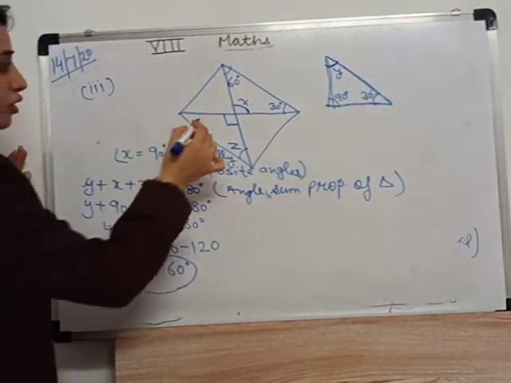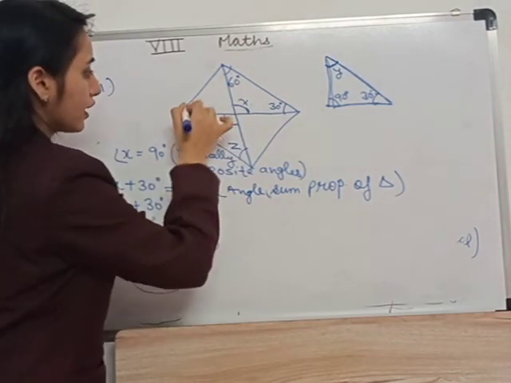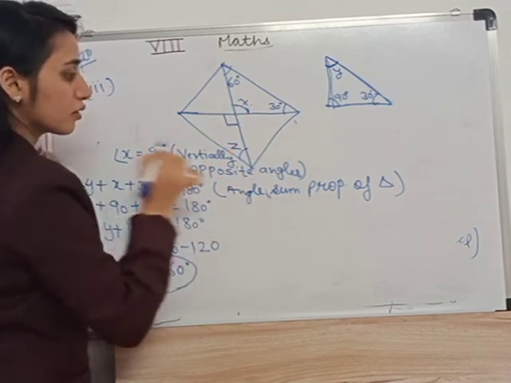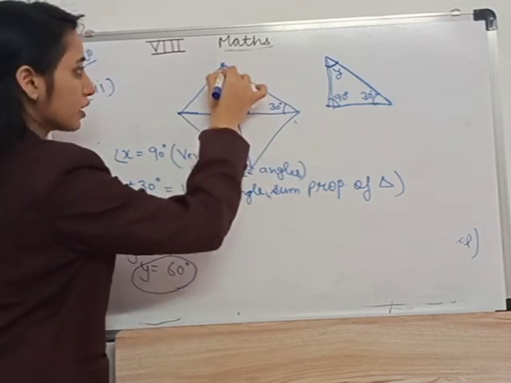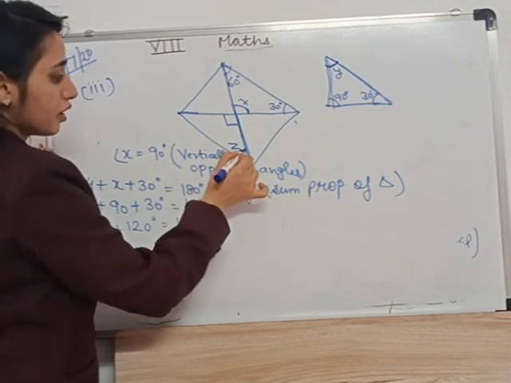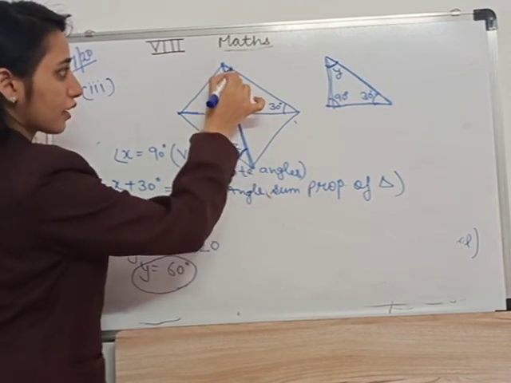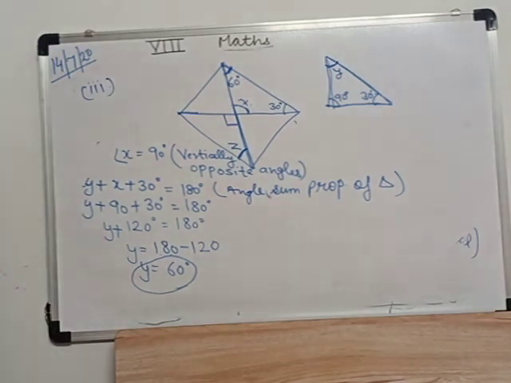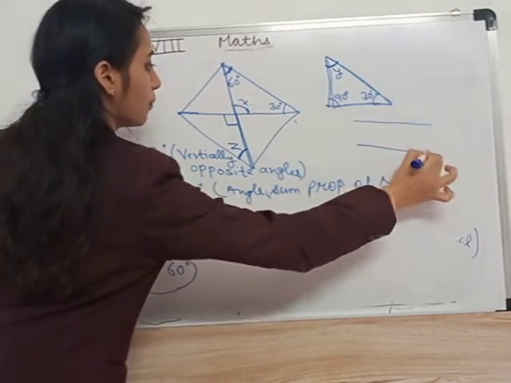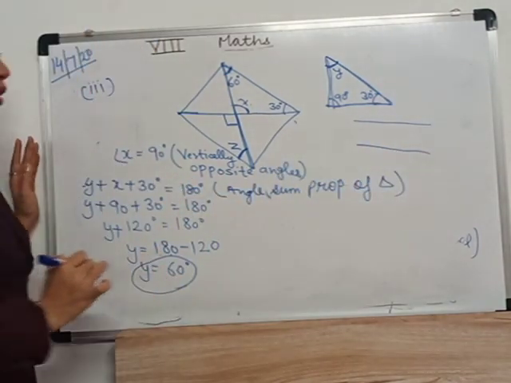Now this line is parallel, and this line is also parallel to this. Now see, this is a transversal line and this angle and this angle are alternate angles. These are alternate angles because these lines are parallel.